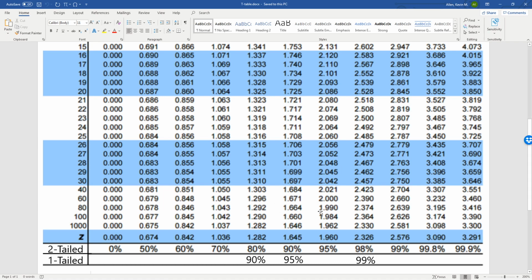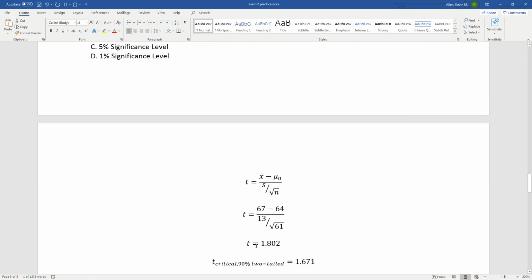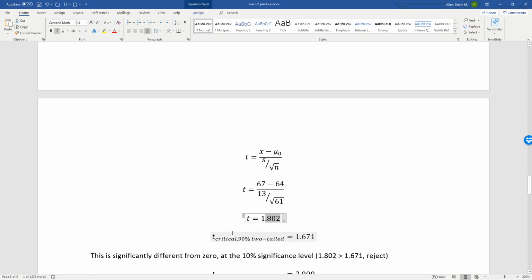So we have our critical values that we're going to compare our answer to, 1.671, and 2. So we come back, our answer is 1.802. 1.802 is larger than 1.671, which was at the 90% confidence level or 10% significance level.